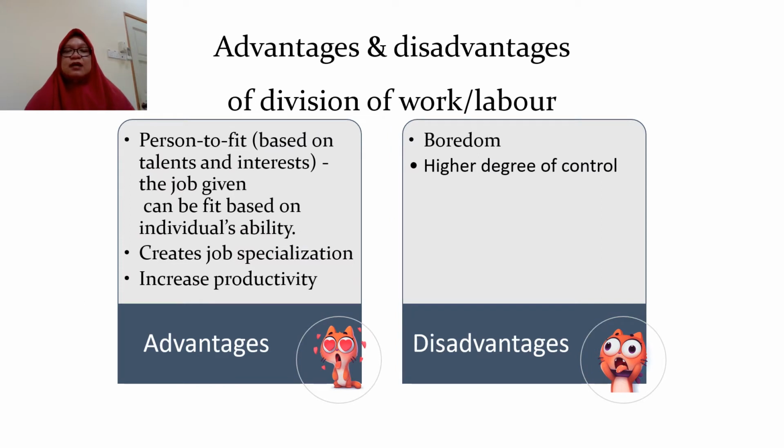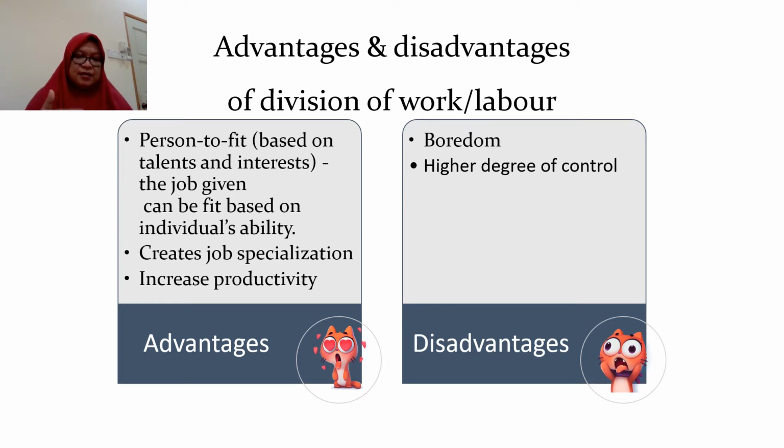Let's see a little bit of the advantages and disadvantages of division of work. When we do the division of work, we give the task to the employee, so that same employee will keep on doing the same task, until you decide to change it.